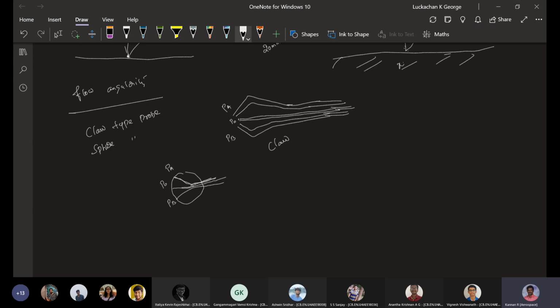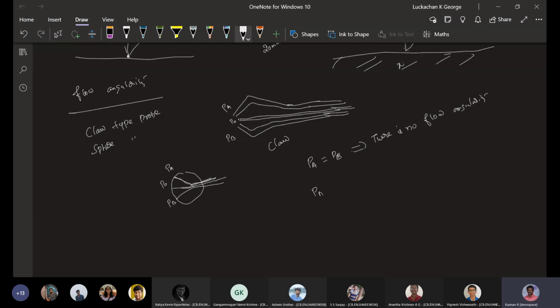If you fix this probe in your wind tunnel test section, and your PA is equal to PB, there is no flow angularity.